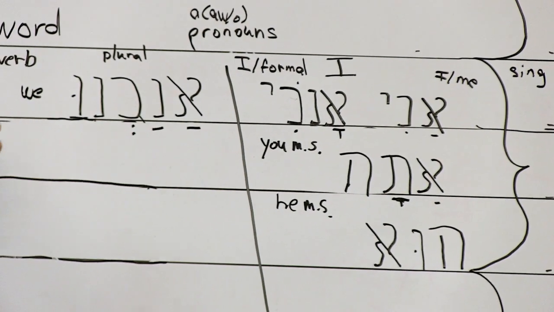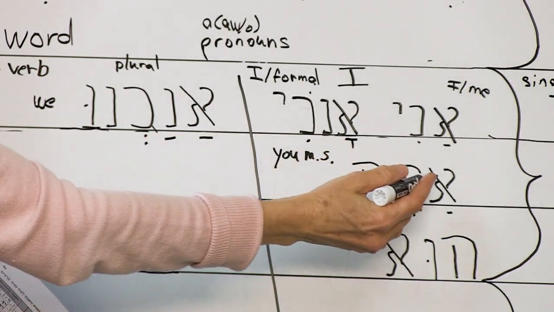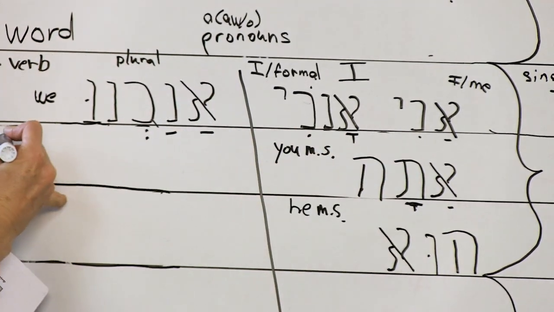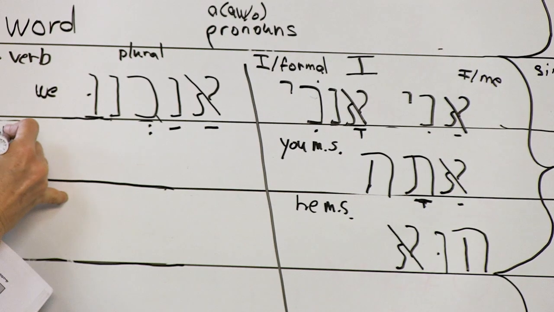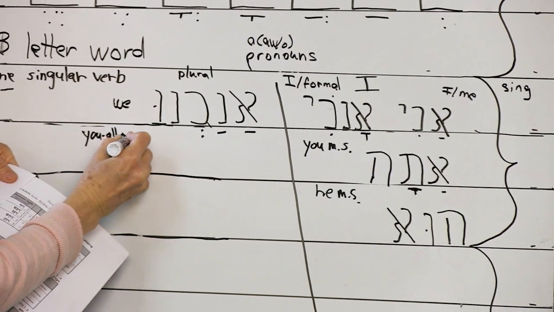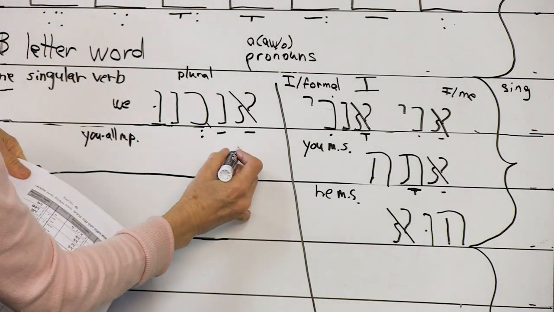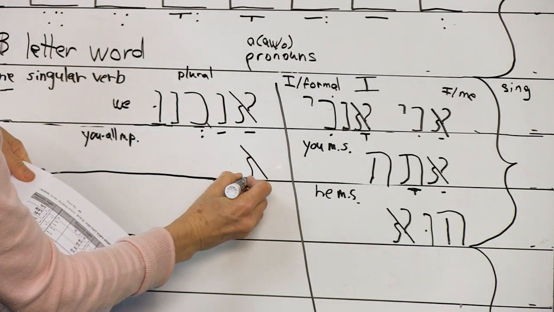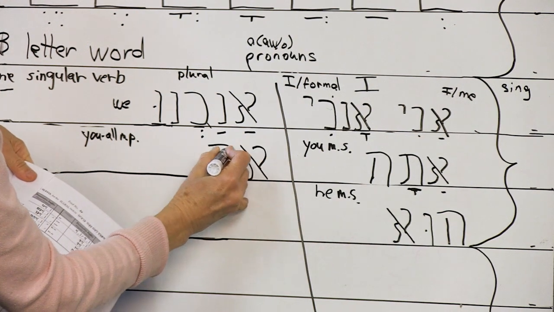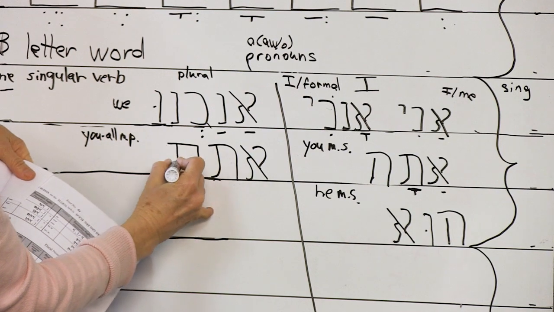All right, so going over to the plural form, you all, masculine plural, is atem. So that's them, as in all men?